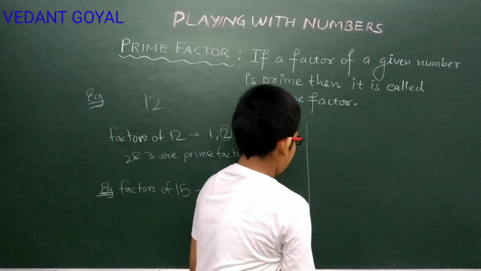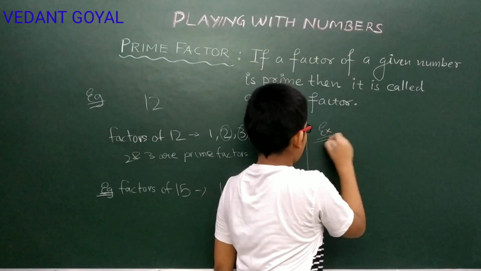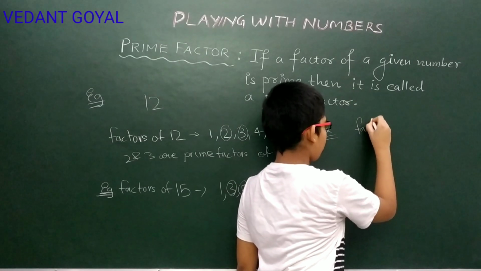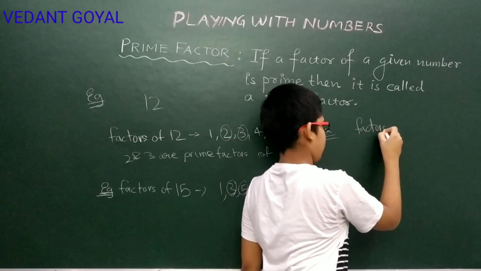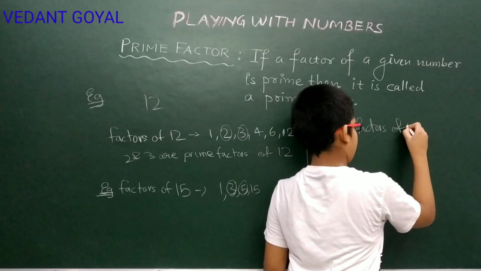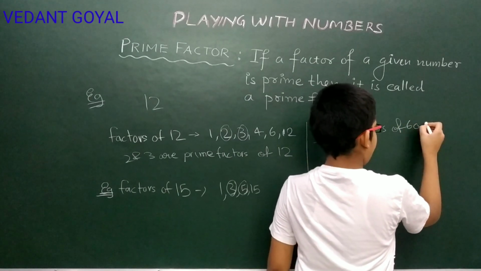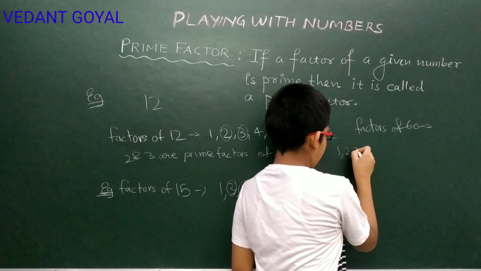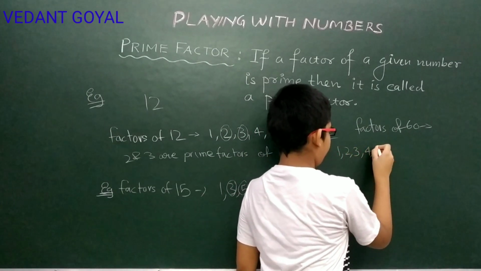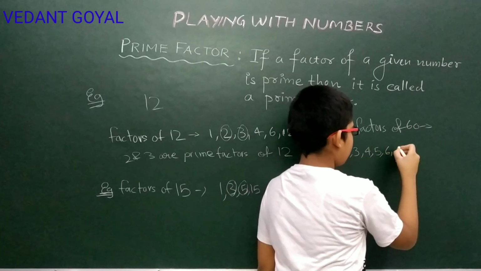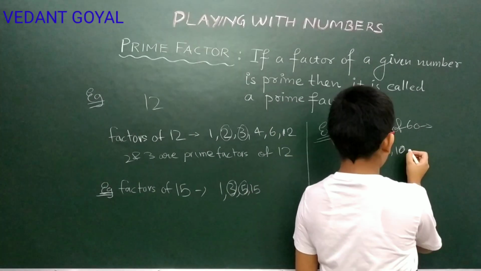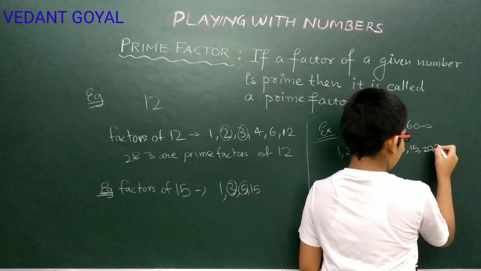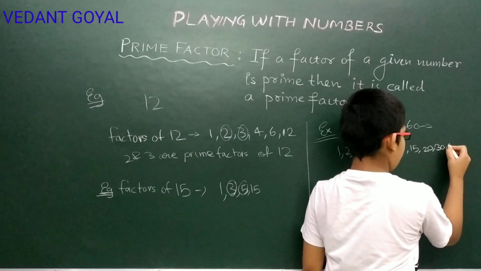Let's take another example. Let's take 60. What are the factors of 60? The factors of 60 are 1, 2, 3, 4, 5, 6, 10, 15, 20, 30 and 60.